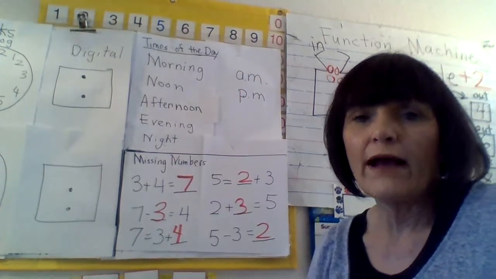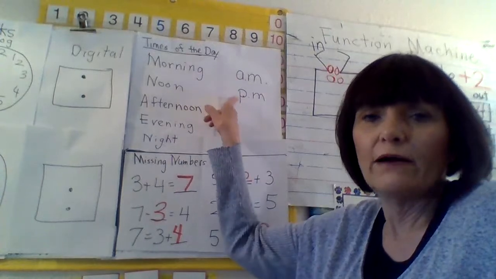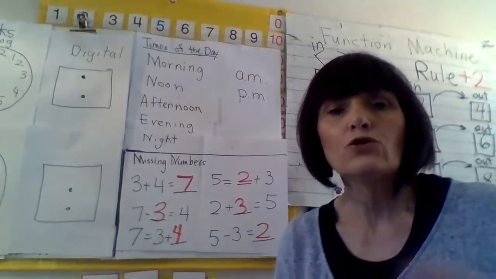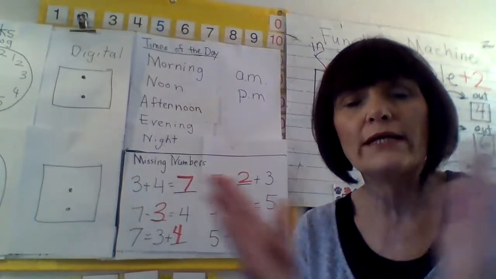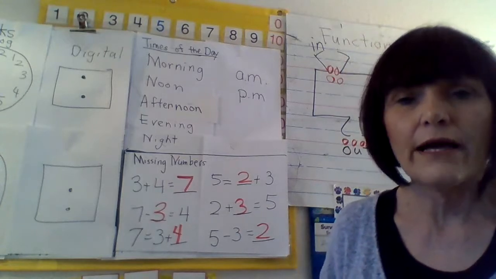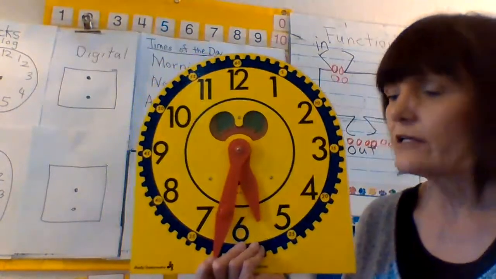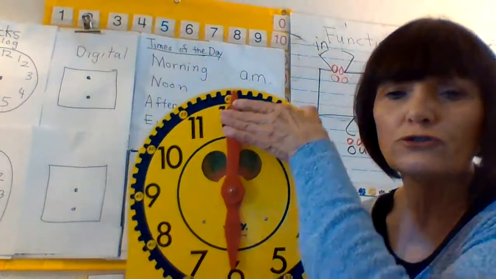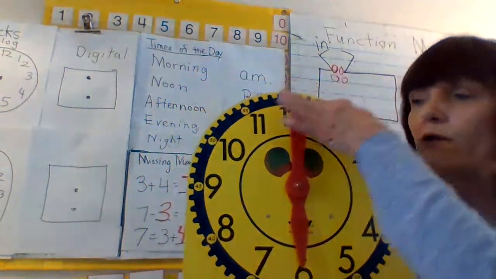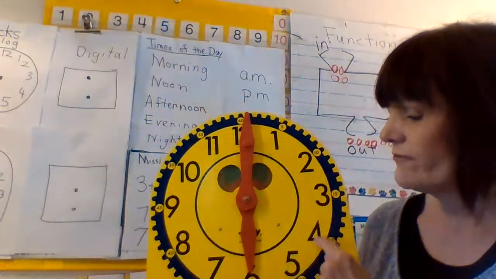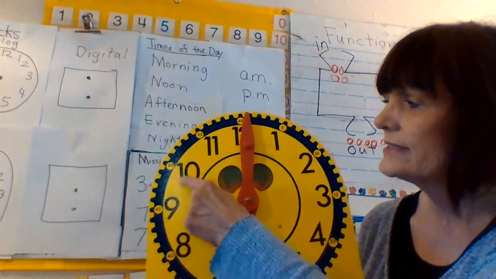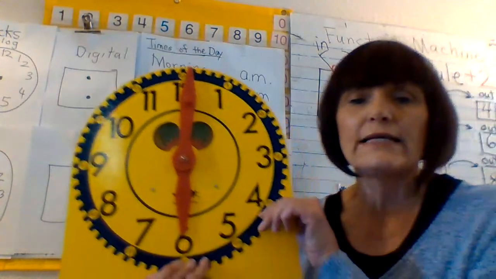There are 12 hours that are AM and 12 hours that are PM because there are 24 hours in one day.